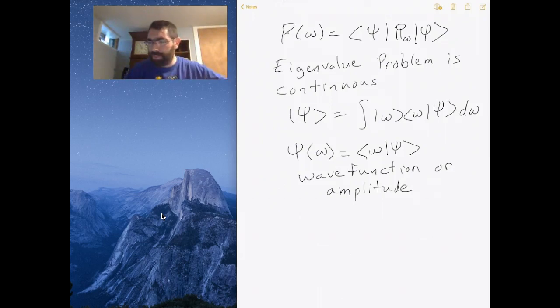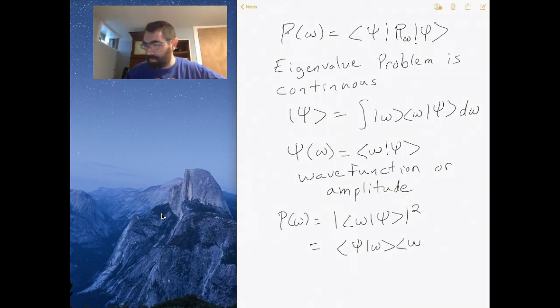So here's my wave function, then my probability density is the norm, which I could write out as this right here, which ends up being psi star psi.